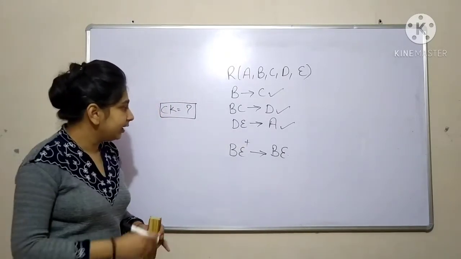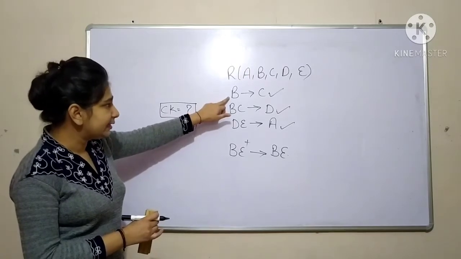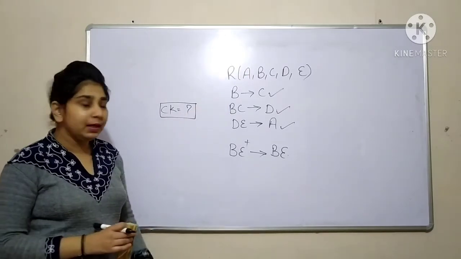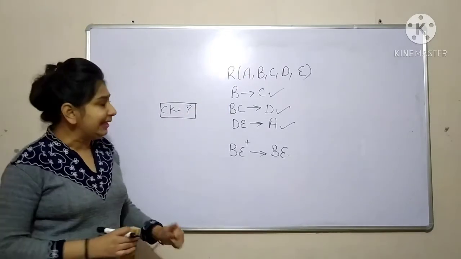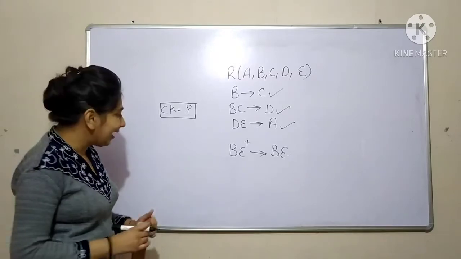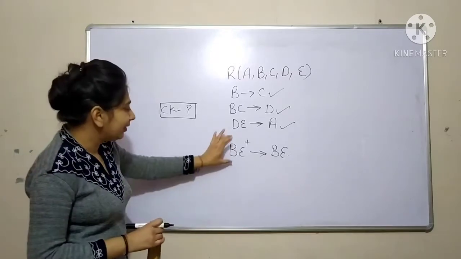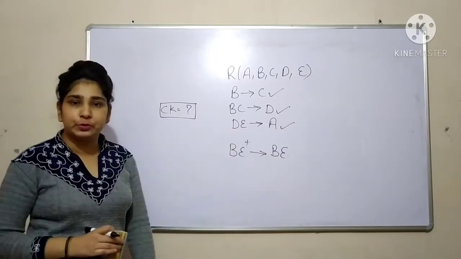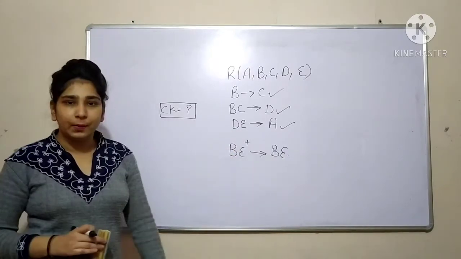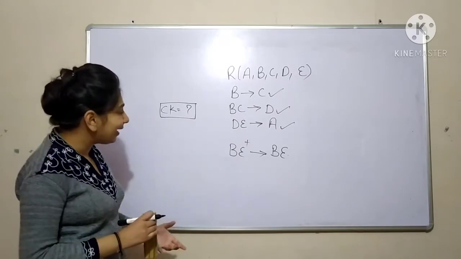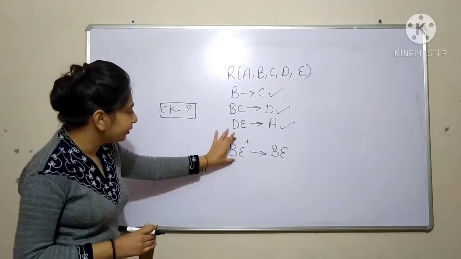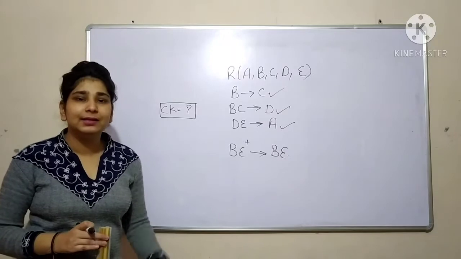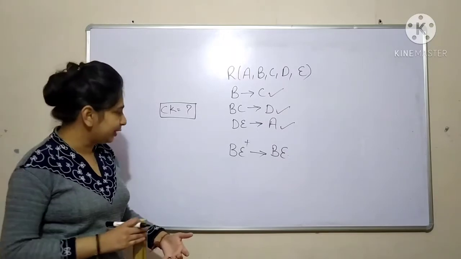Next, if you look at this functional dependency, we will try to find all the attribute values with the help of the 2 attributes, BE. We are now checking if we can use BE as the candidate key of the relation.